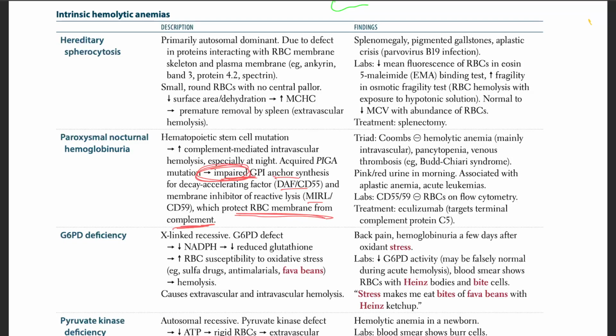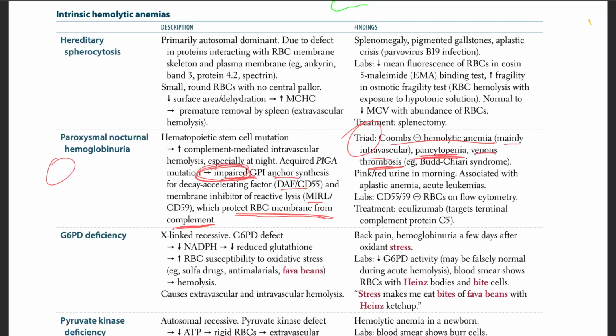When this process is impaired, you have a triad in which you have the Coombs negative hemolytic anemia, mainly intravascular. First thing. Second thing is pancytopenia. Third thing is the venous thrombosis.